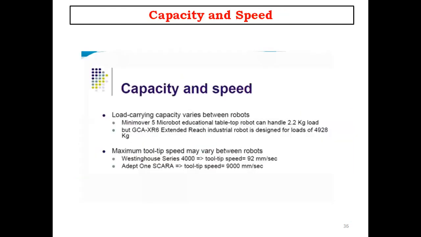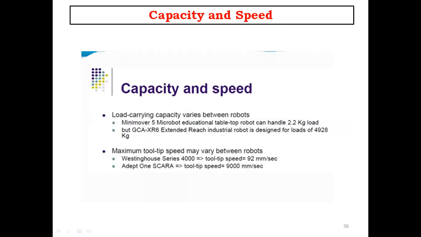In the case of capacity and speed, the load carrying capacity varies between robots. The Microbot educational tabletop robot can handle 2.2 kilograms, but the GCA XR6 extended reach industrial robot is designed for loads of 49 to 8 kg.